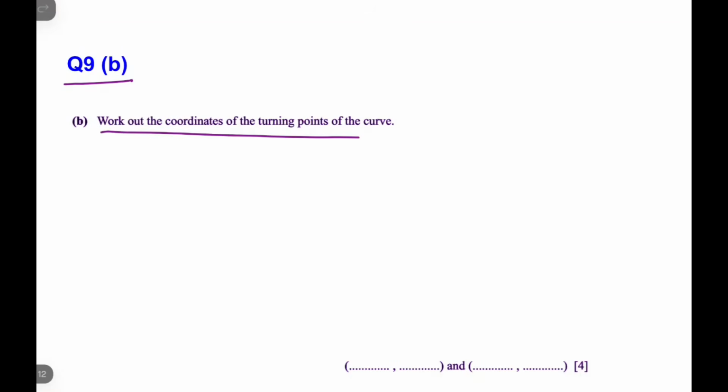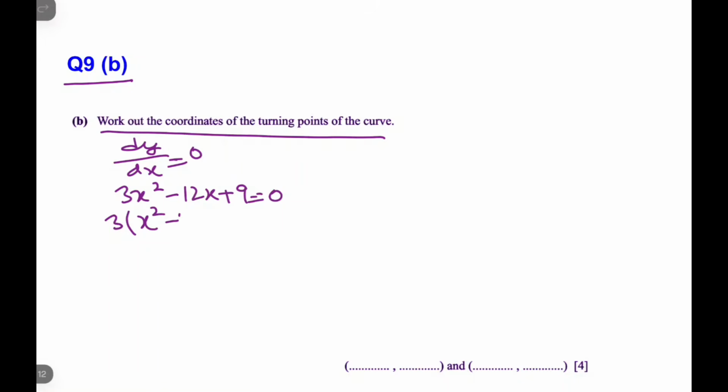For 9b part, we have to find the coordinates of the turning point. Now for turning point, we will put dy by dx is equal to 0. So dy by dx is given to be minus 3x square minus 12x plus 9 equal to 0. So we'll take common 3, x square minus 4x plus 3 equal to 0. That implies x square minus 4x plus 3 equal to 0.